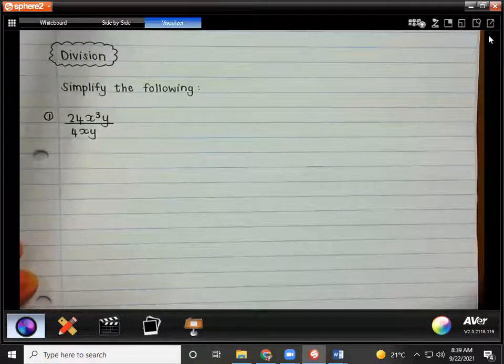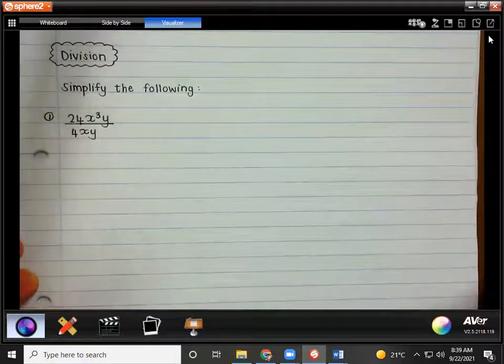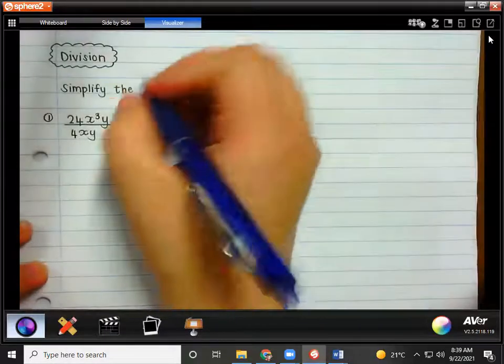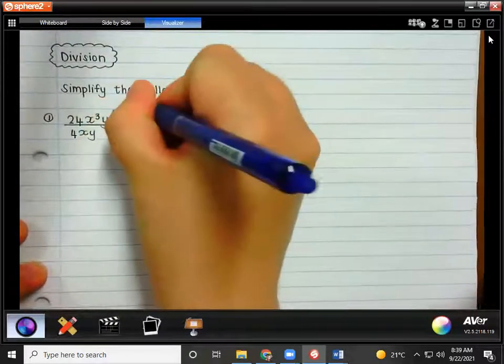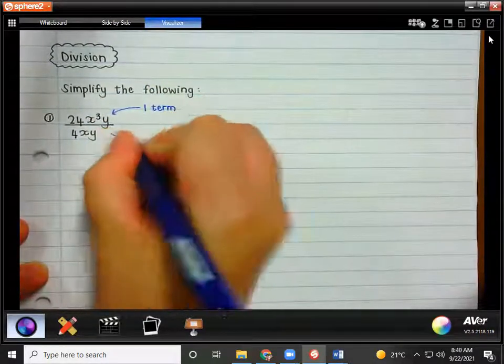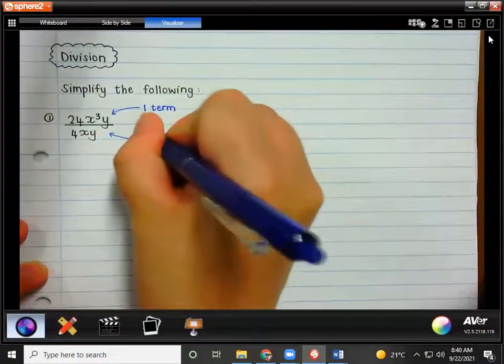Okay, guys, am I right when I say that you have seen questions like this before? Right, where it's one term and you have to divide it by one term. That's important. I think we might not have emphasized that in the past, but it is going to become important now when we do other types. So we have one term in our numerator and we have one term in our denominator.